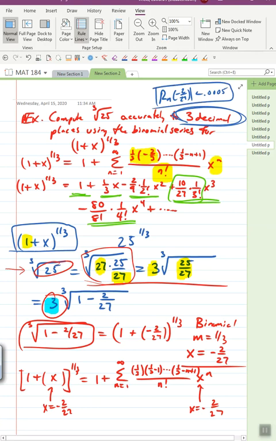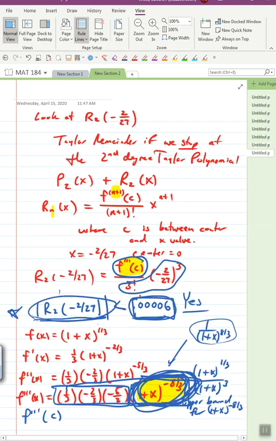If you remember what we did yesterday. Accuracy to 3 decimal places means you'd have zeros in your first 3 places, and that 4th decimal place would have to be less than 5. Well, when I did this one for R1, I didn't get this to be less than 0.0005. When I went to R2, though, I got it to be less than 0.00006.